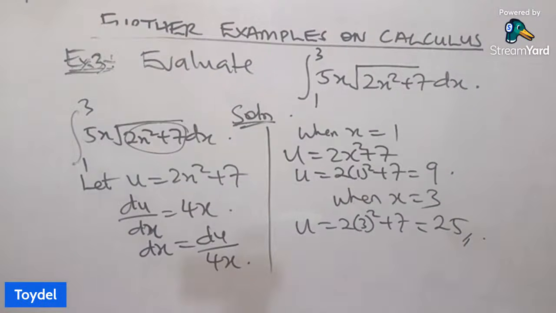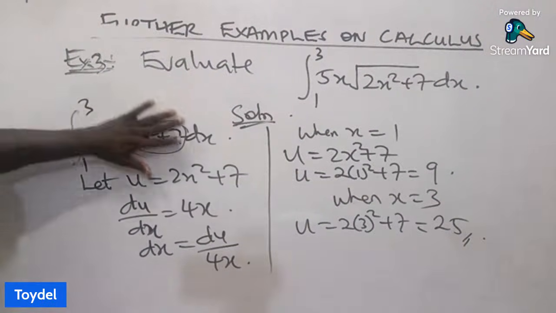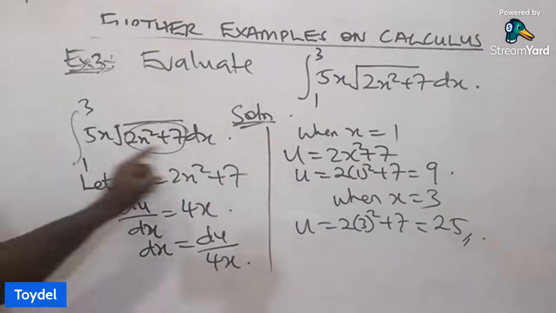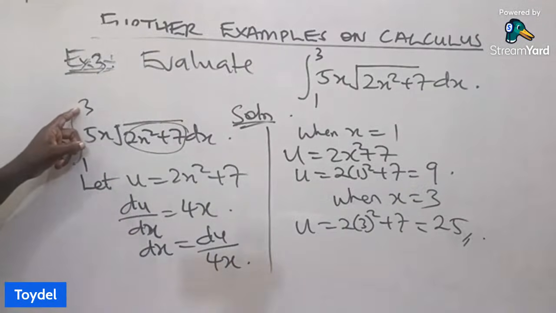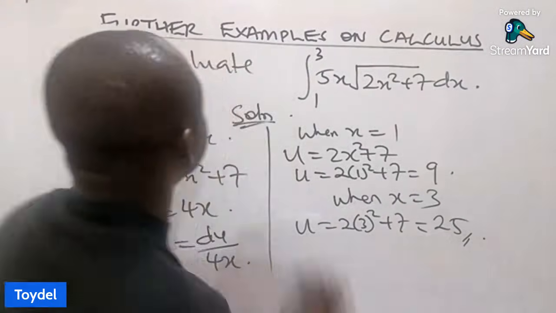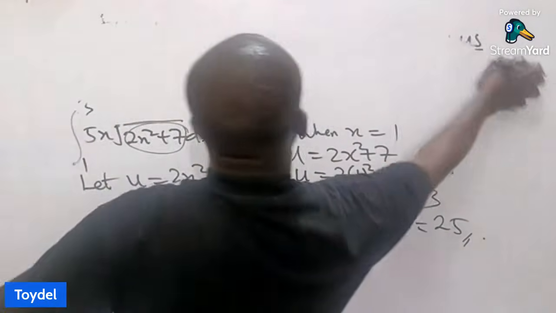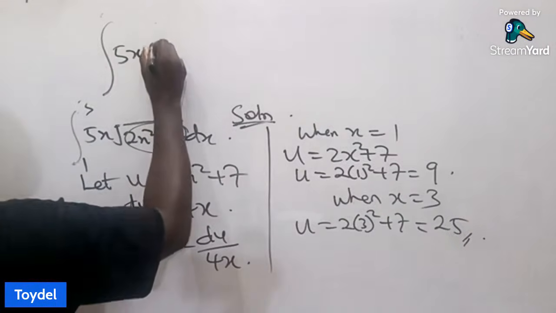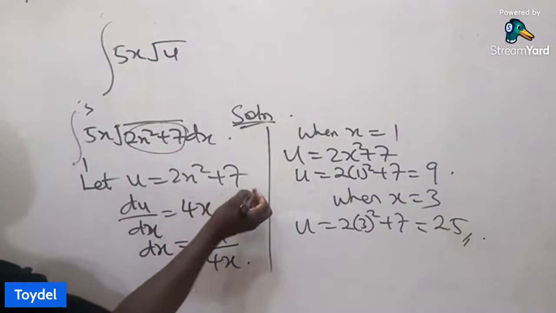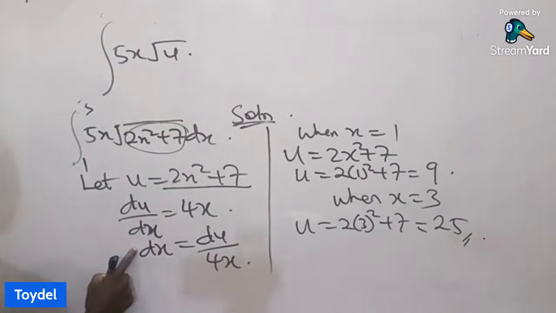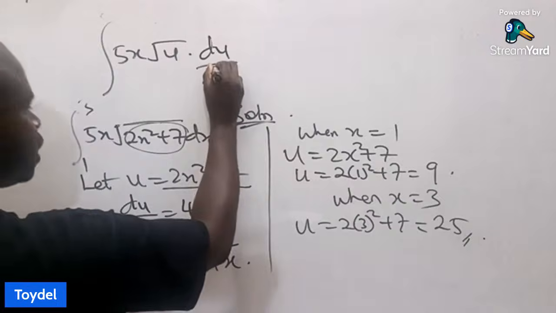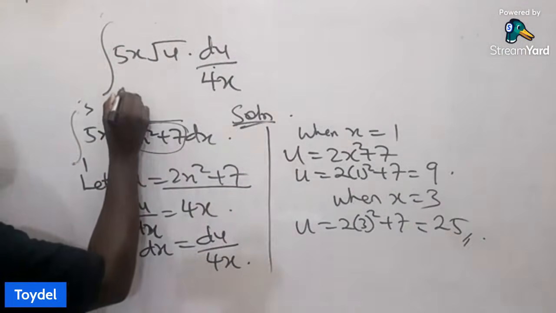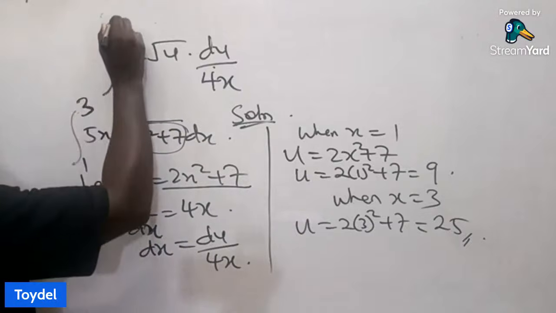So what do I want to do now? I want to rewrite what we are given in form of u, so that the lower bound, instead of 1, in terms of u will be 9, while the upper bound, instead of 3, in terms of u will be 25. That is, the integral of 5x square root of u, where dx is du over 4x, from 9 to 25.